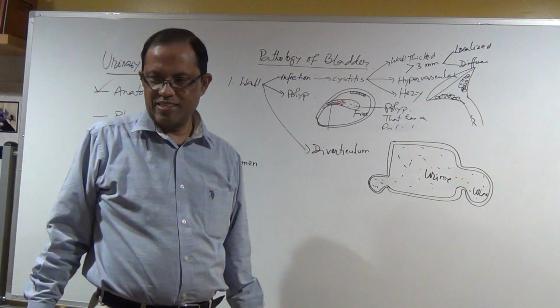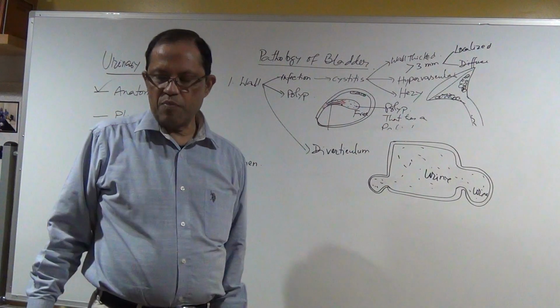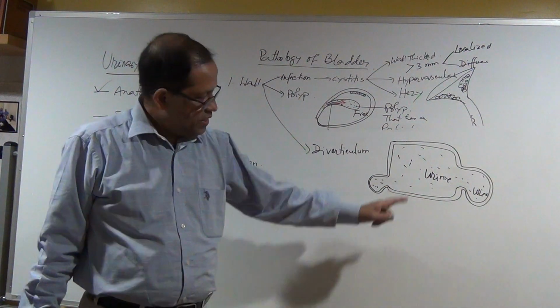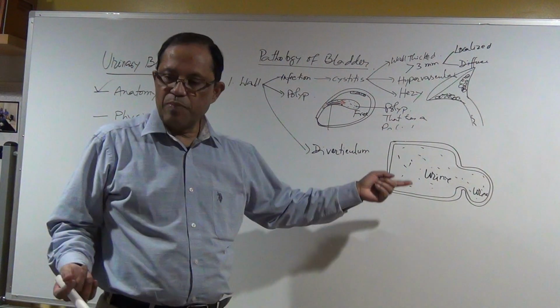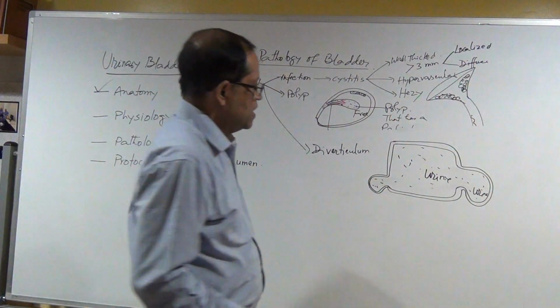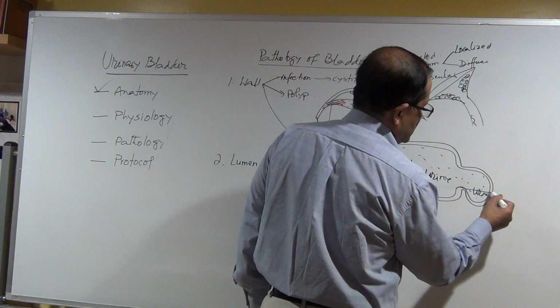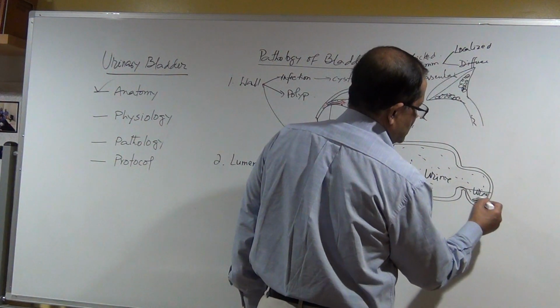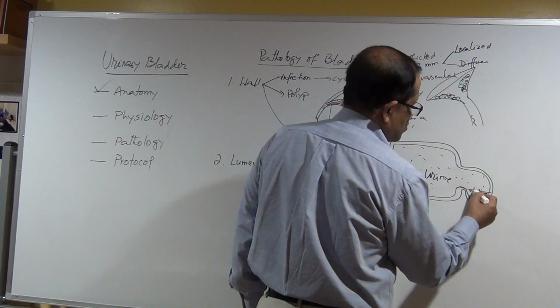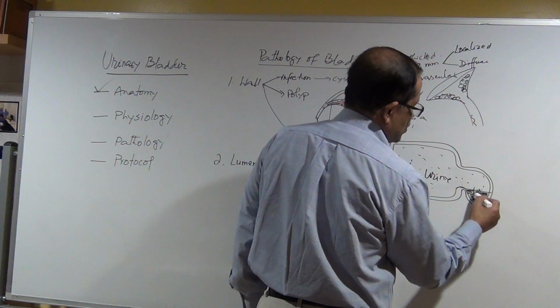How big is it? You know what the major problem is here? During the act of voiding, when the bladder contracts, you might see this part of the bladder never contracts and urine is always there.